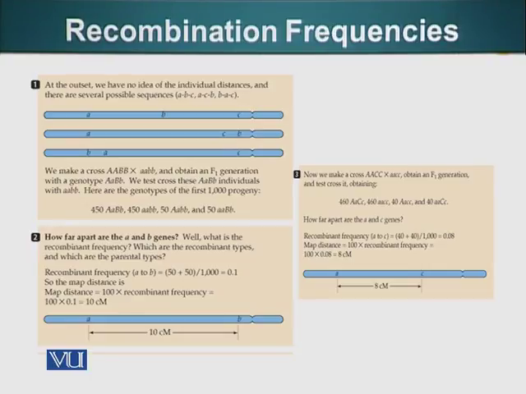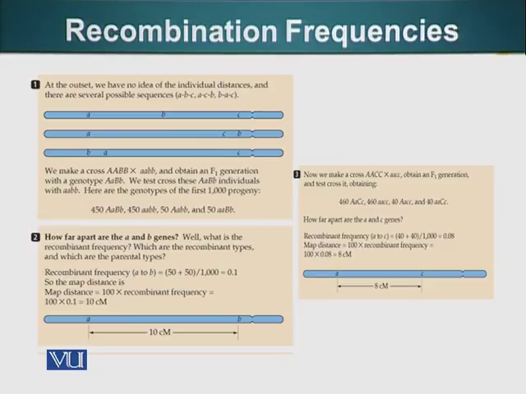During this cross, we got 450 capital A, capital B and 450 small a, small b. These are the parental phenotypes. The recombinant phenotypes are 50 capital A, small b and 50 small a, capital B. These are the recombinant phenotypes.